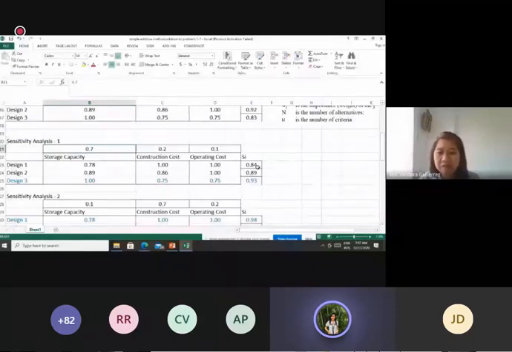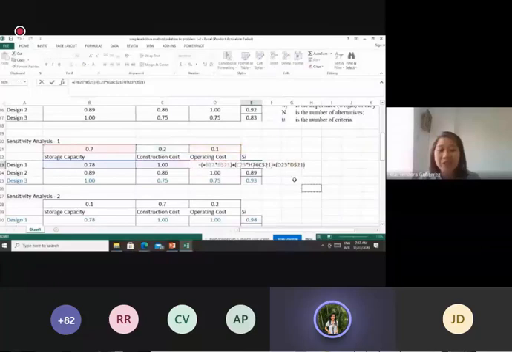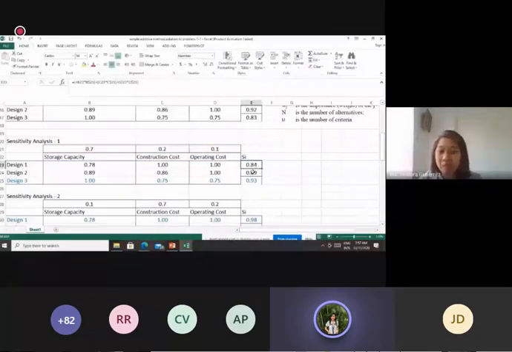So what we will do now is to get the weighted sum. So our reference will be the normalized value multiplied by the weight. So we have 0.78 times 0.7 plus 1 times 0.2 plus 1 times 0.1 is equal to 0.84. So this is now the score of design 1.